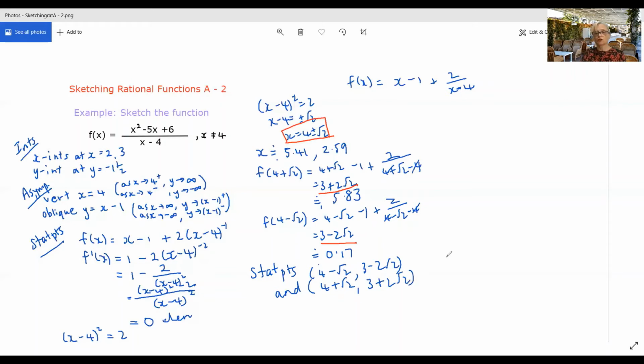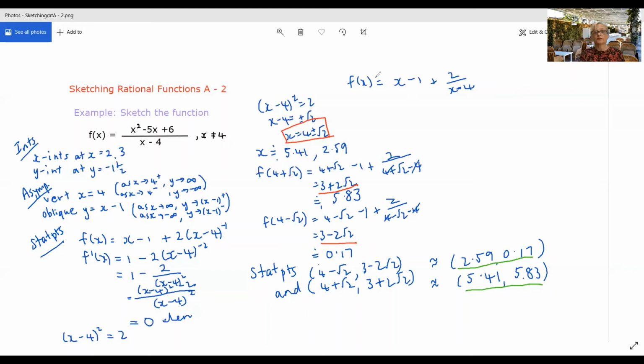And they were approximately the points 2.59, 0.17 and 0.41 and 5.83 as the y value there. Okay, so that's useful information, all right? That's probably what's going to help us on our graph.